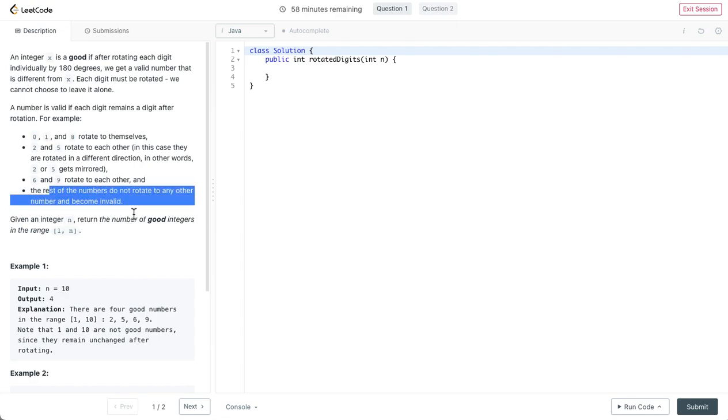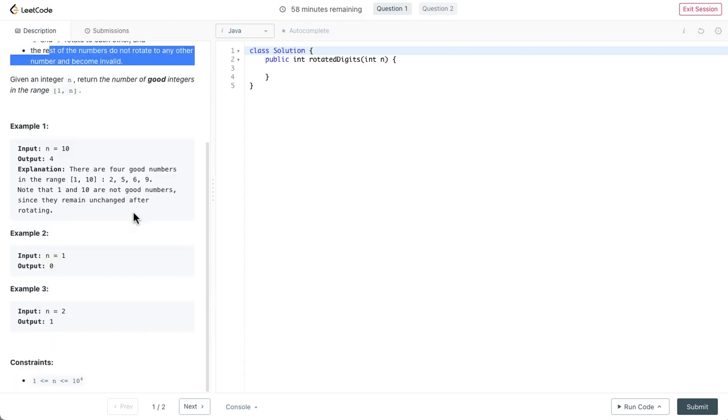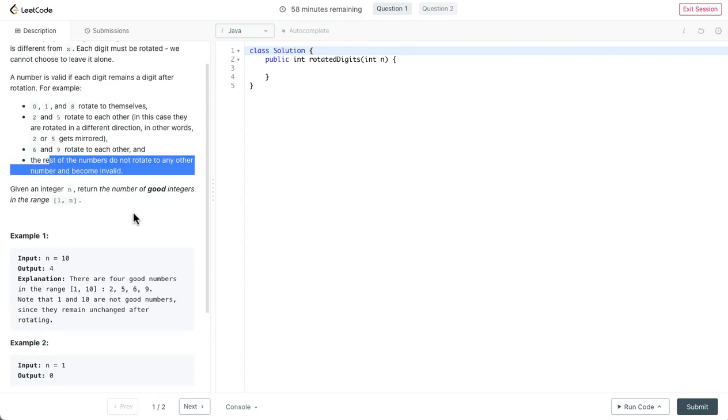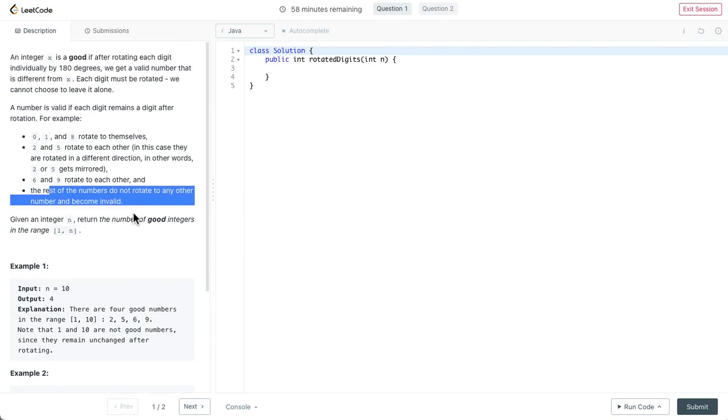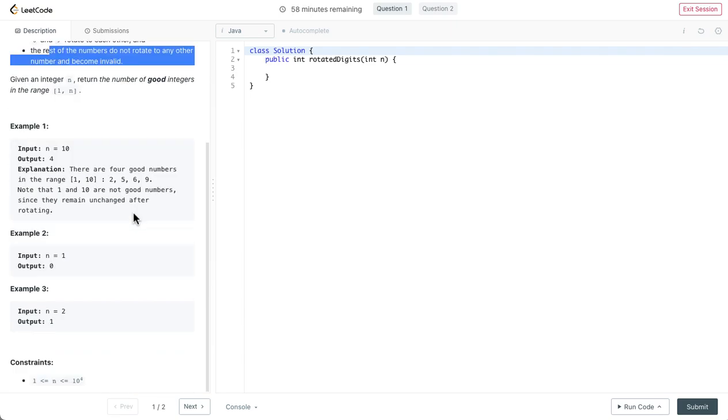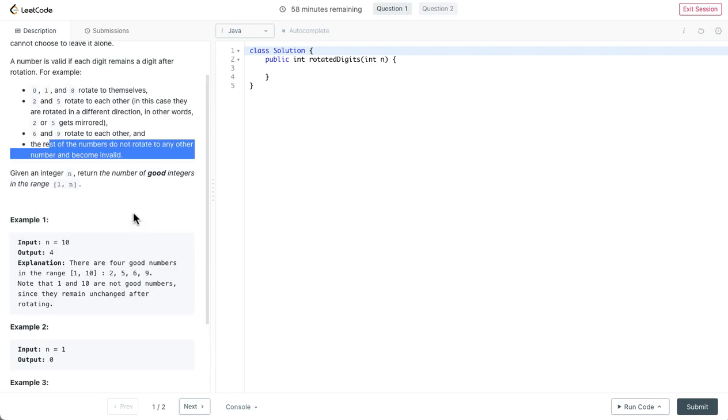So they become invalid. I can just go to rotate, I think.